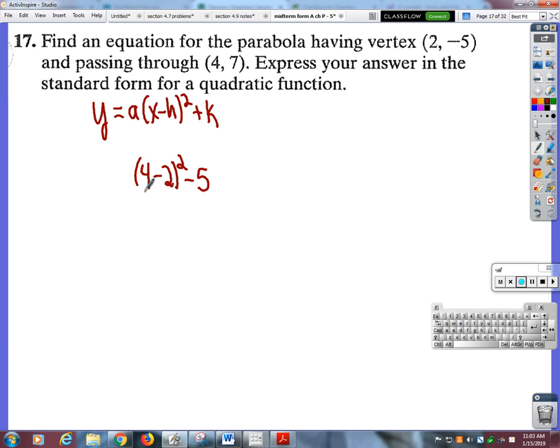That's an x. Where does the y go? That goes in there for the y, and then what we're trying to do is take this and solve it for a. So, plus 5, so 12 equals a times (4 minus 2) squared.